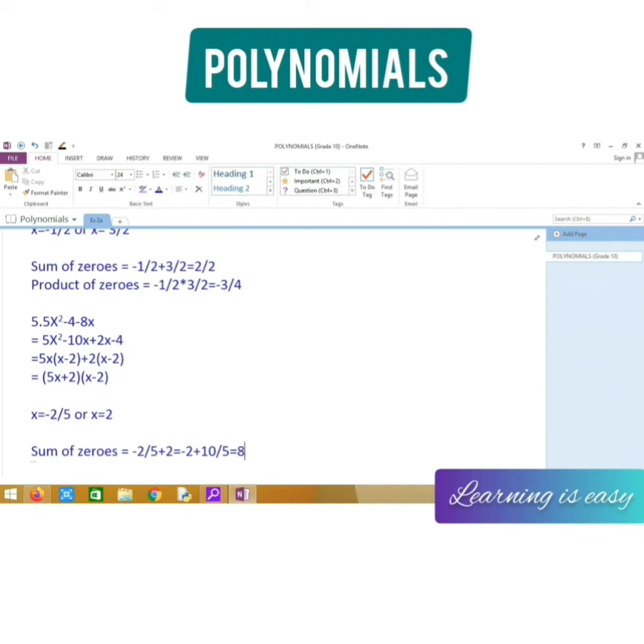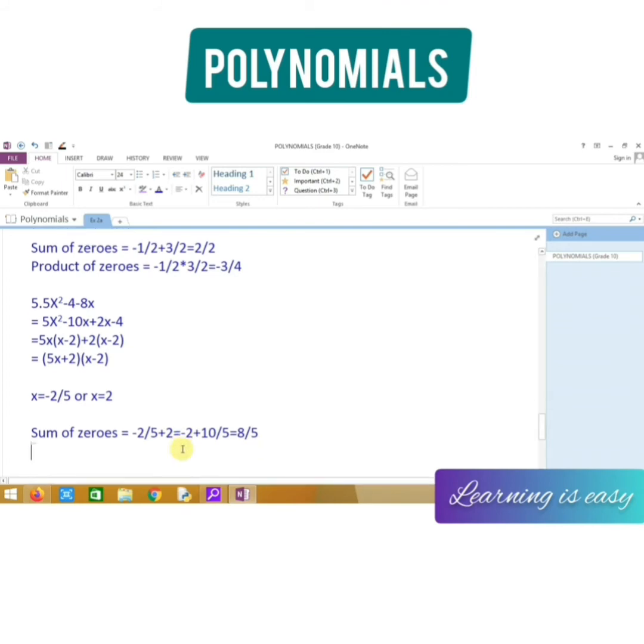So we can verify it with the b by a form of the polynomial. Value of coefficient of x is 8 and coefficient of x square is 5. So it's of the form minus b by a.